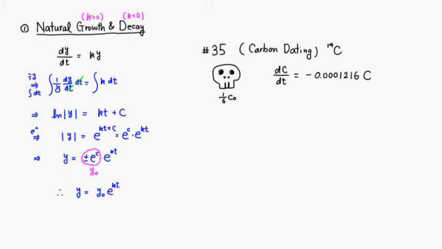Carbon dating is a good example of that. Somebody found a really old skull, and it contained 1/6 of the original carbon-14 amount.